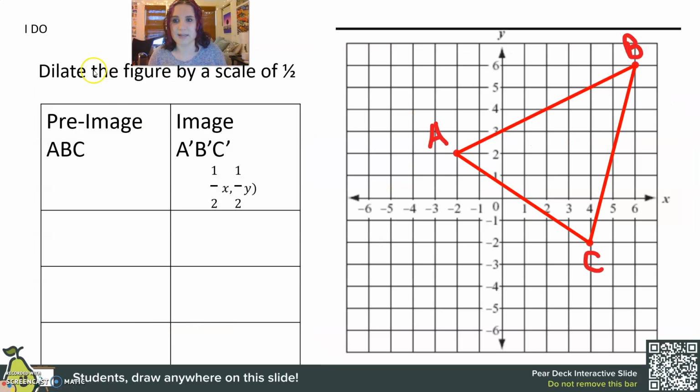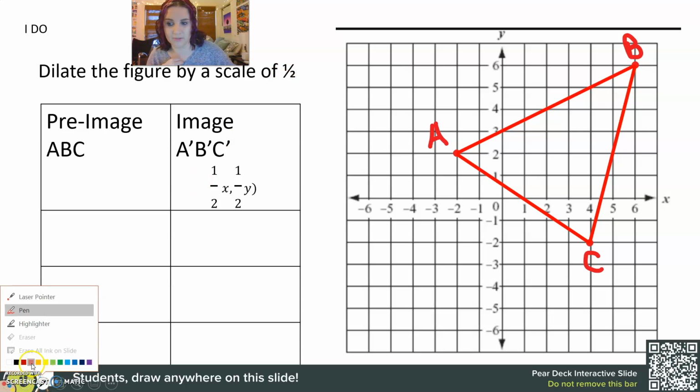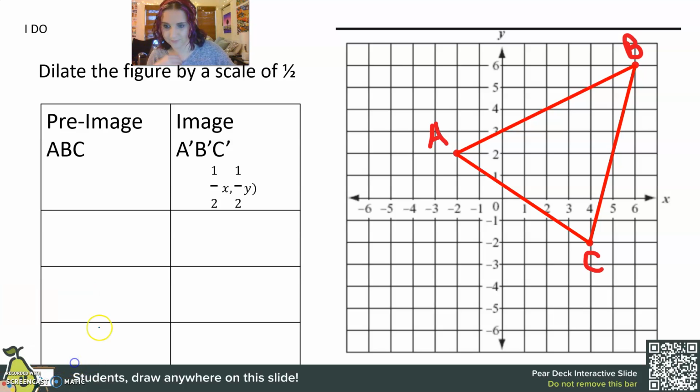So here is an example, and we want to dilate this figure by a scale of 1/2. So 1/2 is less than 1, so I know that my image will be smaller than the original. Let's use a different color.